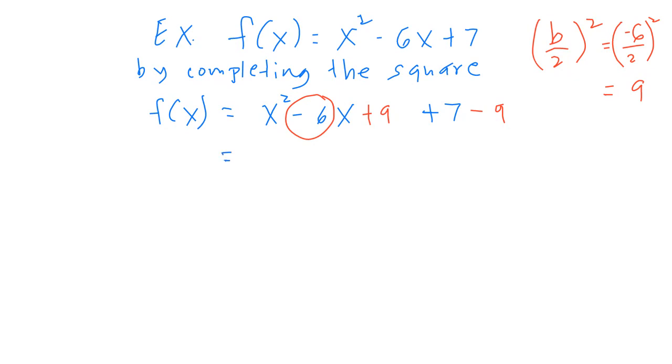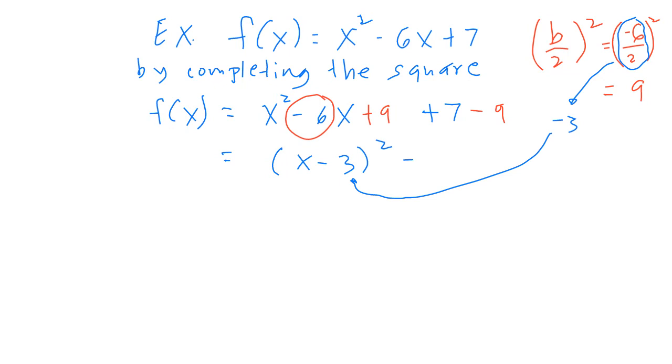Okay, so then the factor for this would be (x minus 3) to the power of 2. So what you're looking for is the quotient here. That's -3. So that -3 goes here. And then what is 7 minus 9?